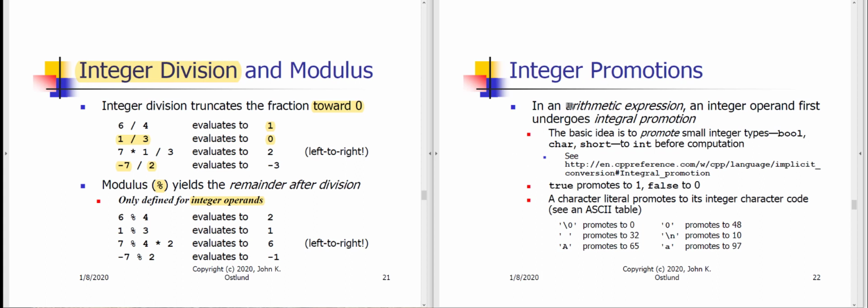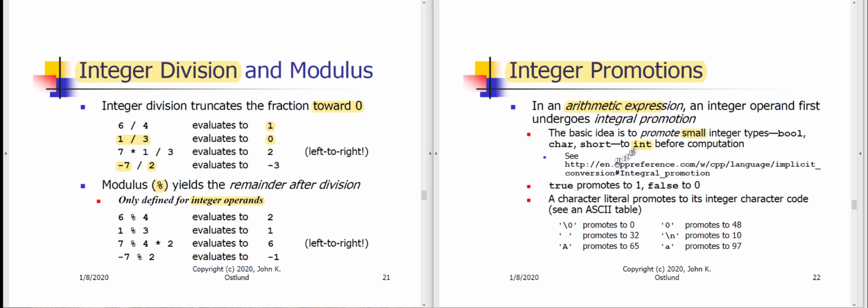Now, anytime you use any of the arithmetic operators, there are several steps that always occur in the evaluation of that arithmetic expression. First is what is called the integral promotion. Basically, the idea is to take the small integer data types, bool, char, and short, and automatically promote those to int before the resulting computation is performed.